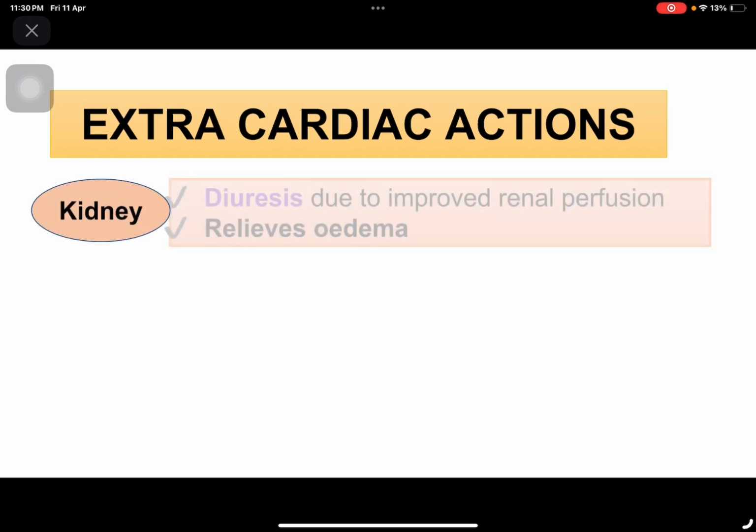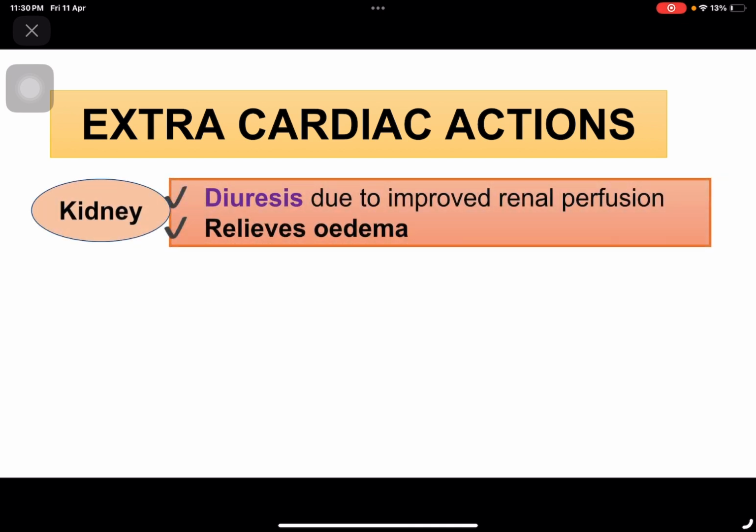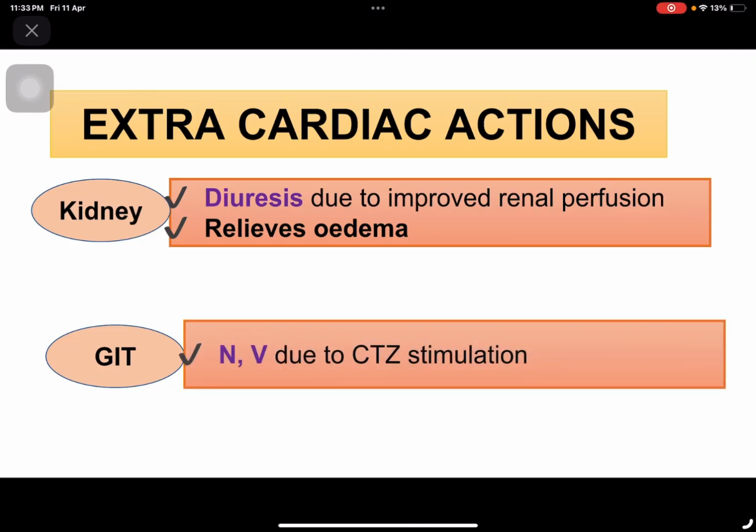In the kidney, it helps in diuresis due to the improved renal perfusion, which helps in the relief of edema. Then GIT: nausea and vomiting due to the chemoreceptor trigger zone stimulation.